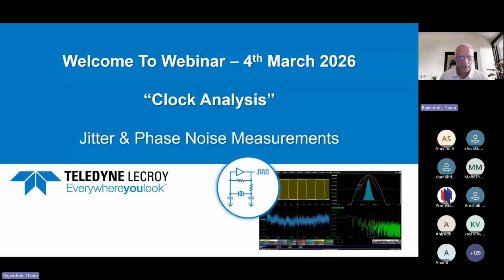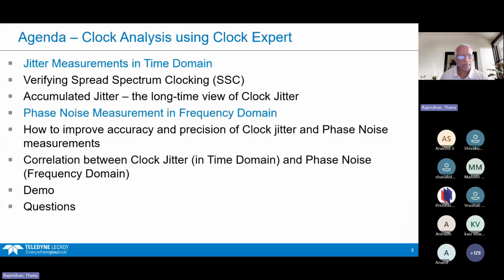Having said that, I will tell you the agenda for today. We will cover the jitter measurement in time domain, which is mainly around the oscilloscope that we have. The other measurements would be the spectrum of the clock, which is more of a compliance matter because of the EMI and radiation emitted by these electrical signals, which have to be within a particular threshold.